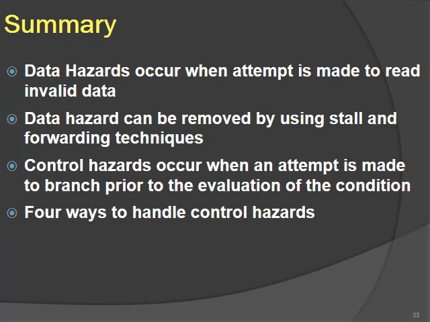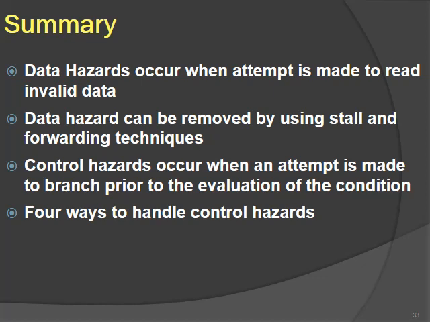The second one is data hazard. It occurs when an attempt is made to read invalid data. Data hazards can be removed by using stall and forwarding techniques. The third one is control hazards. It occurs when an attempt is made to branch or jump prior to the evaluation of the condition. Different methods are discussed for dealing with control hazards.